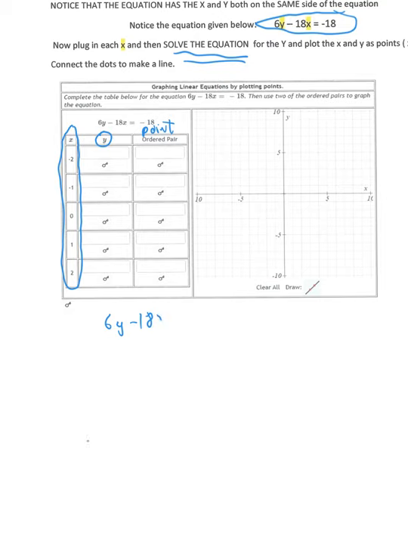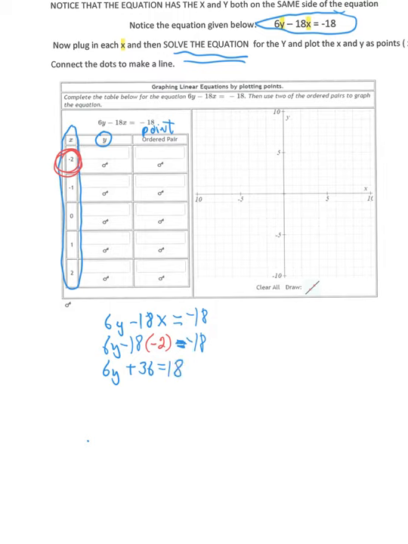Oh, it doesn't like that. 6y minus 18x equals negative 18. So I'm going to start by taking that negative 2 and, like almost the last question, start plugging away. So I get 6y minus 18, there's my negative 2, equals negative 18 on the right. So when I multiply that out, I get a positive 36.